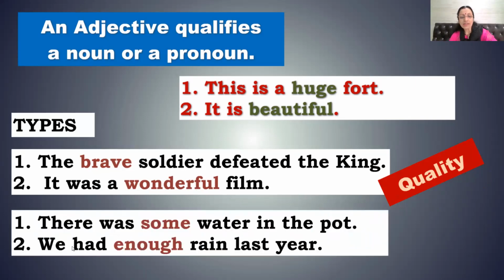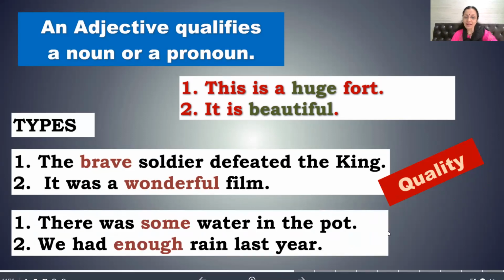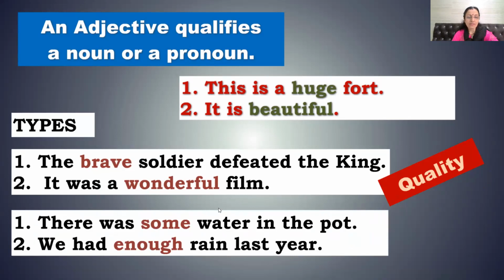There was some water in the pot. We had enough rain last night. Some water, enough rain. Quantity. Why is it quantity? Is it speaking about the amount or the number?